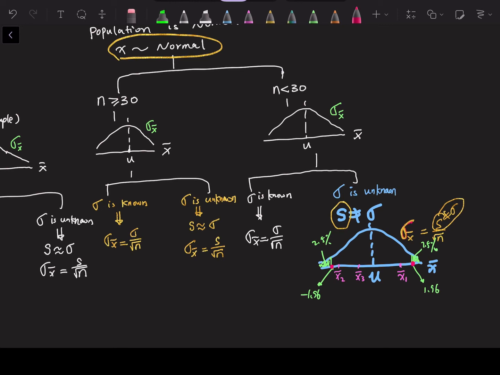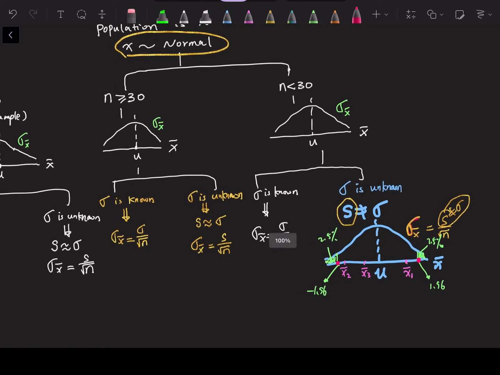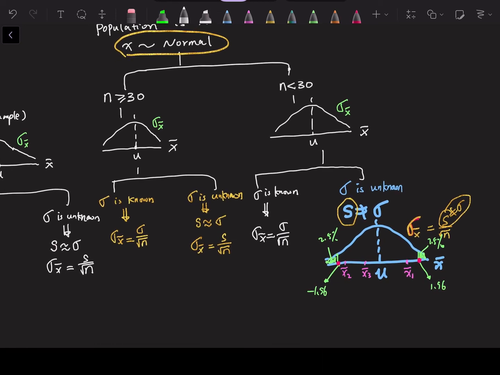So here, x bar follows a normal distribution with the mean and the standard error, which in this scenario is S over square root of n. You can convert this normal distribution to a z distribution. If this is 2.5% and this is 2.5%, this will be negative 1.96 and positive 1.96.